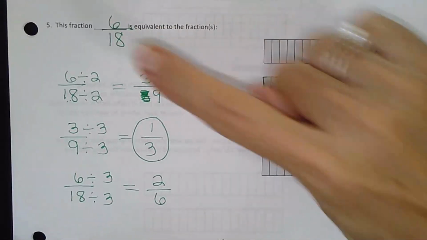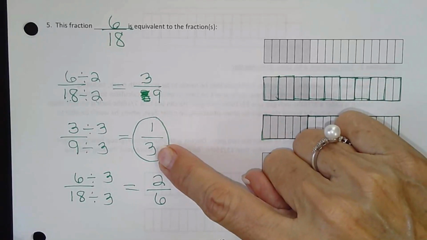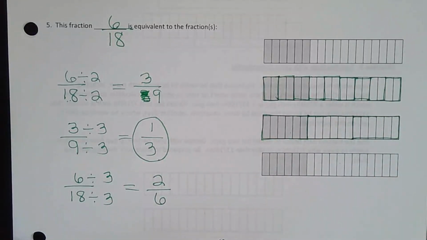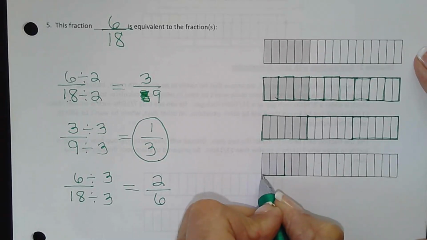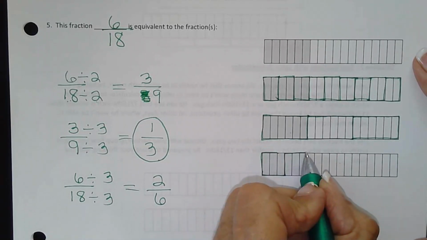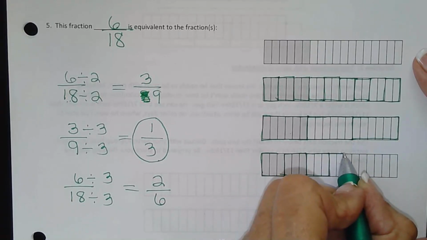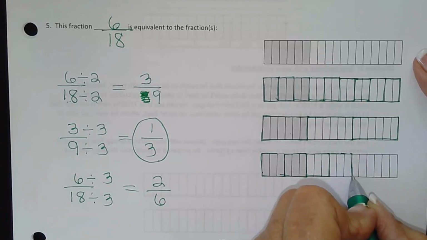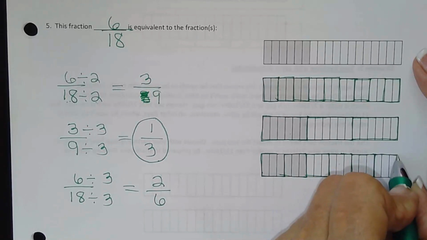6 times 3 is 18. 3 times 3 is 9. 1 times 3 is 3. 2 times 3 is 6. They all have the common ratio, multiply by 3 to get to the denominator, so we can tell they're equivalent. So 2 out of 6 would be 1, 2 shaded out of 3, 4, 5, and 6.